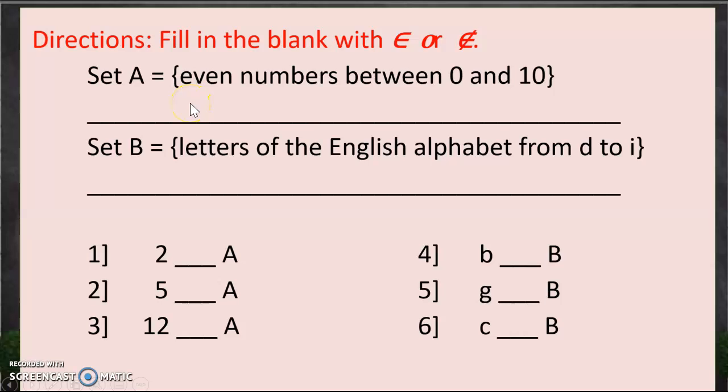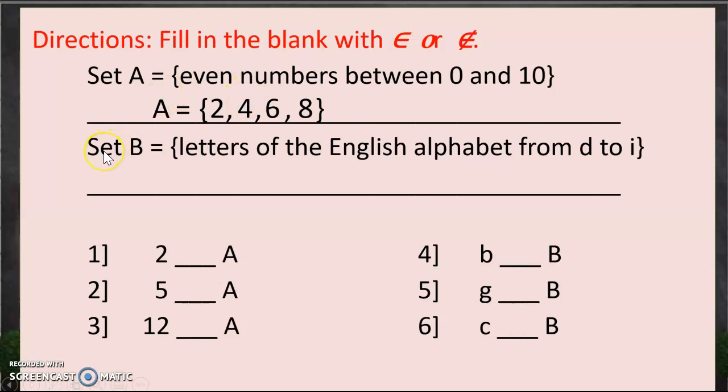Set A: the word is between, between 0 and 10, meaning 0 is not included. So we will start with 2, then 4, 6, 8. Then 10 is not included, so we will end with 8.